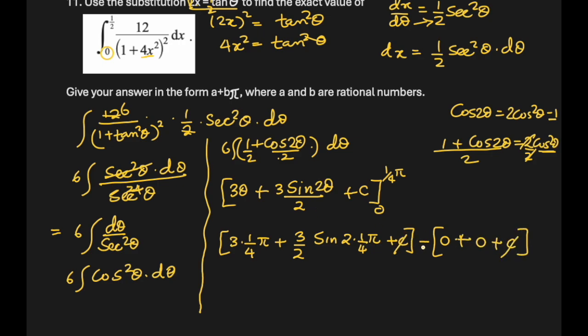C will cancel with this c because of this minus. So what is left here? 3 over 4 pi, this also cancels. So sine half pi is 1, so plus 3 over 2. And we wanted a plus b pi, so a comes out to be 3 over 2, b is 3 over 4. That's the solution of this particular question, number 11.